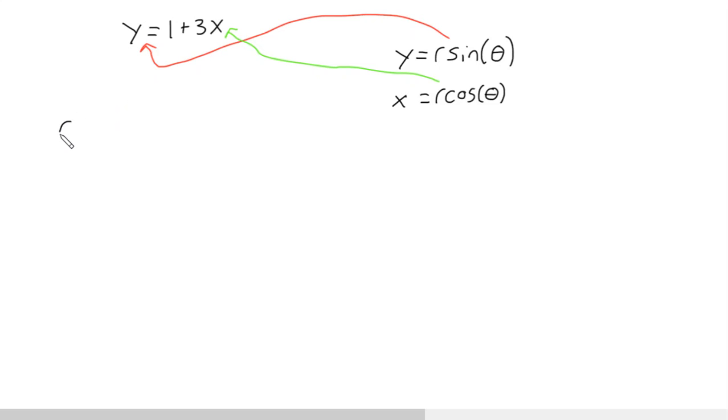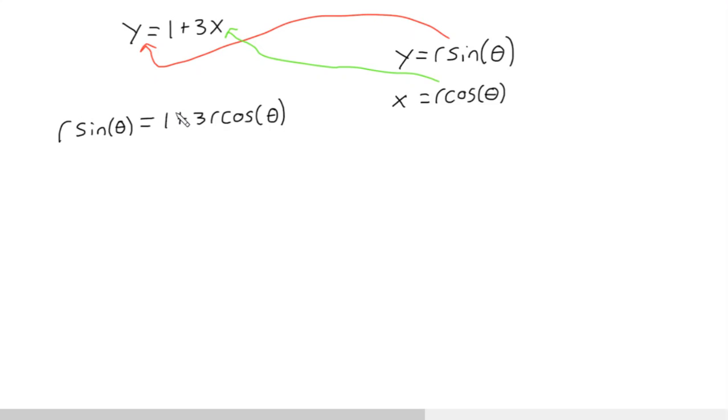So instead of y, I'm going to have r sine of theta is equal to 1 plus 3r cosine of theta. Now remember what I said last time: you want your thetas on one side and your r alone on the other.